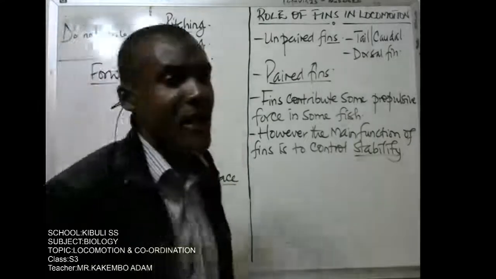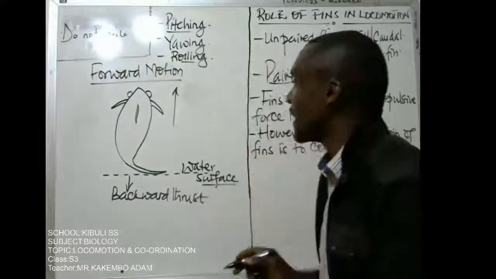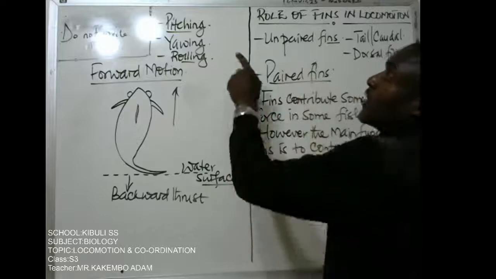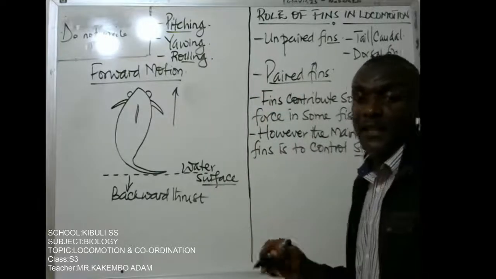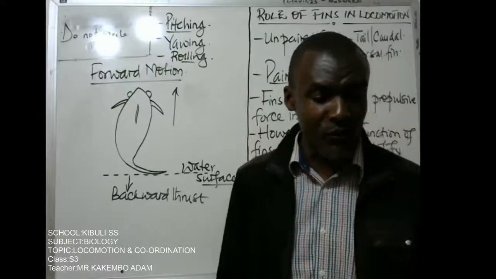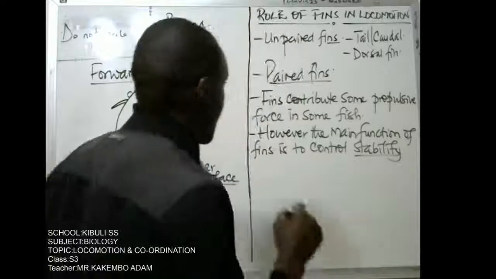Those are unstable and uncomfortable movements in water. So it's the role of the fins, either the paired or the unpaired fins, to overcome such instabilities when in water. However, their main function is to control stability and the direction the fish takes in water.